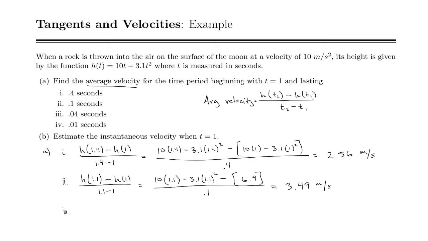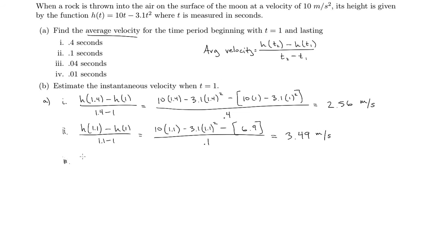All right. For this third one, we have h of 1.04 minus h of 1 over 1.04 minus 1. So that's 10 times 1.04 minus 3.1 times 1.04 squared minus the 6.9 over 0.04.